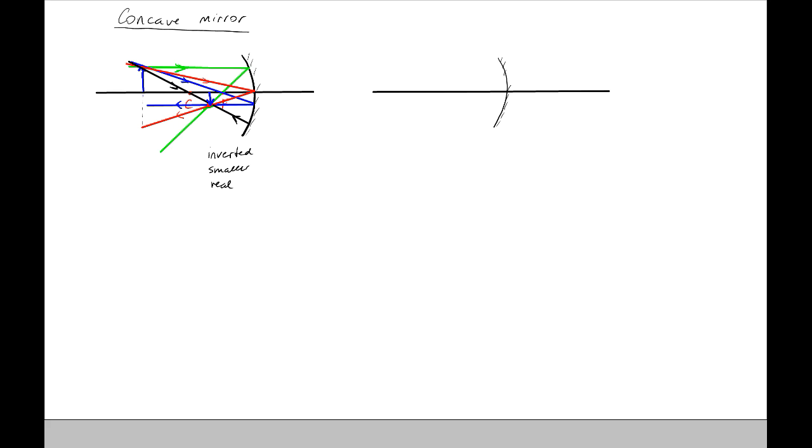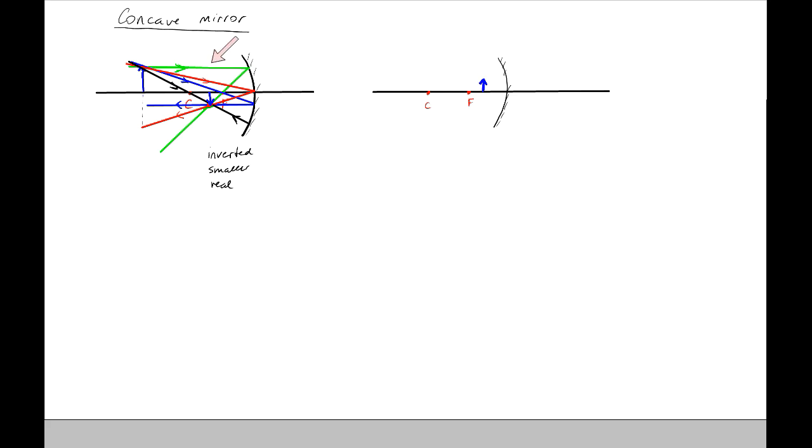And let's say that the focal point is there and the center should be there. So focal point, center of curvature. And I will place an object inside the focal point.